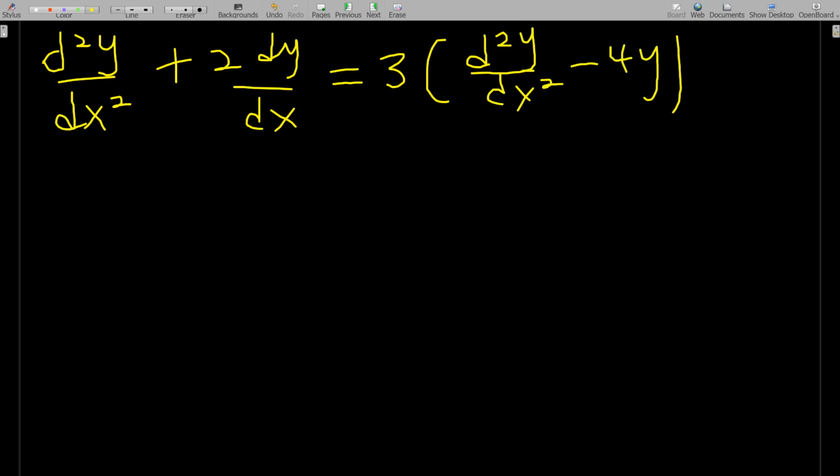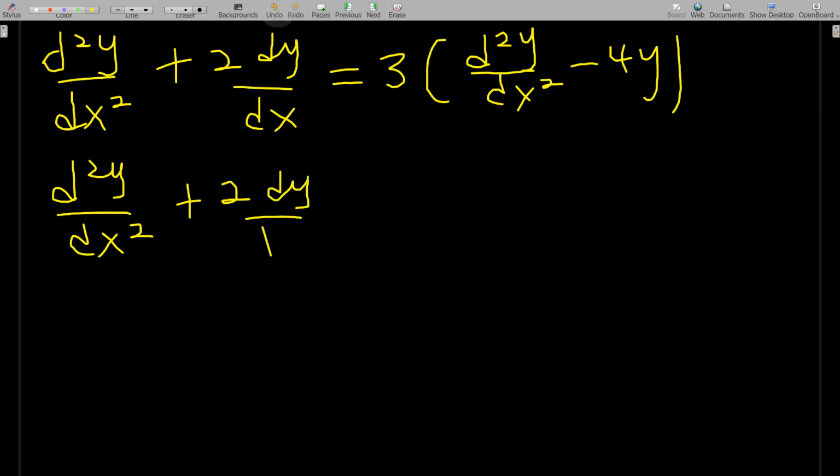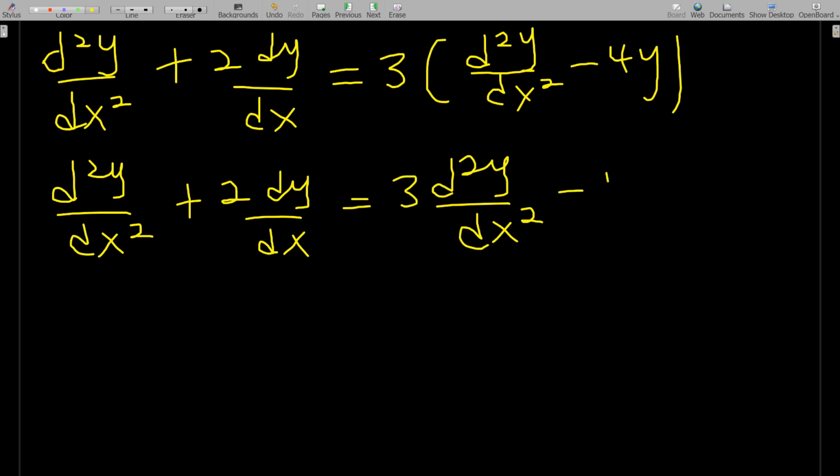So therefore I can simplify this because there is no constant here anymore. So I have d squared y ds squared plus 2 dy dx equals 3 of the d squared y ds squared minus 12y.